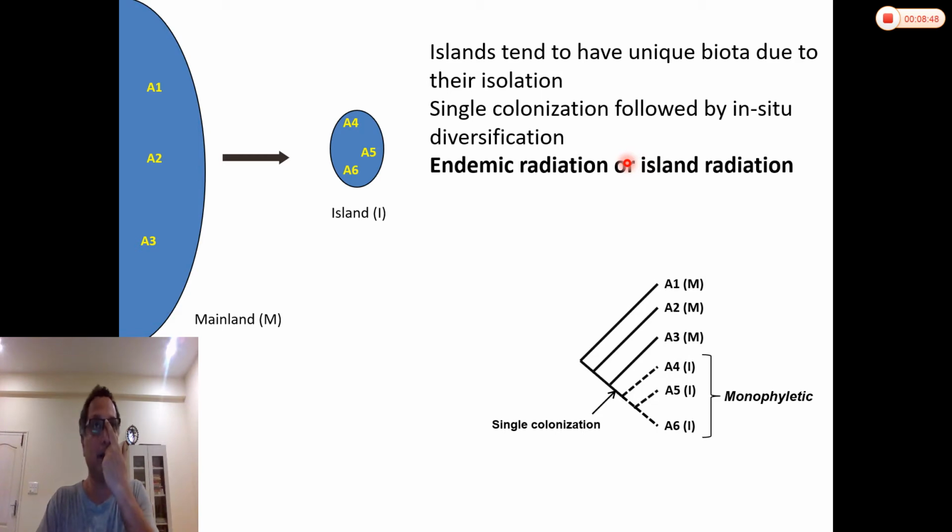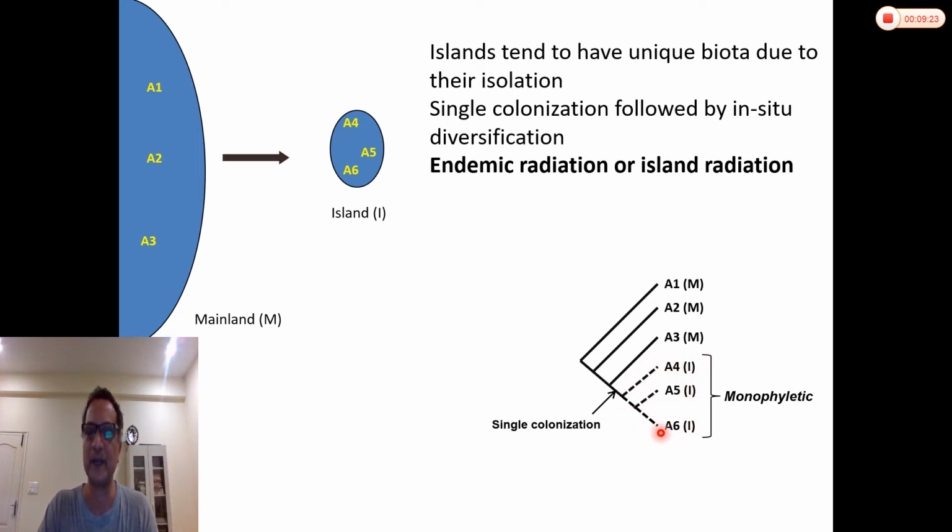But in the case of India, turns out there are radiations in India too, and I call them endemic radiations because technically speaking, India is not an island, even though I'm calling it an island, but it's now merged with Asia. So what you see is a single colonization followed by diversification. And when you build a phylogeny, where you sample species, say, of a particular genus from the mainland and from the island, all the species from the island are monophyletic.